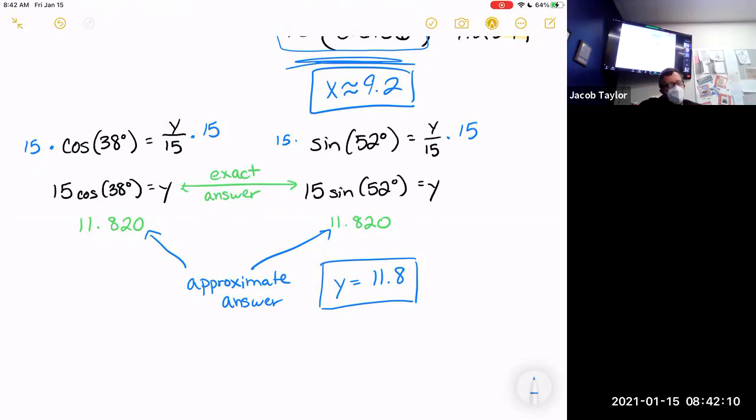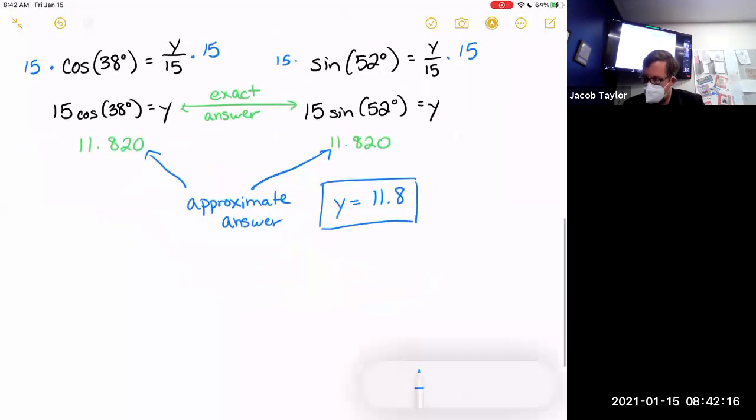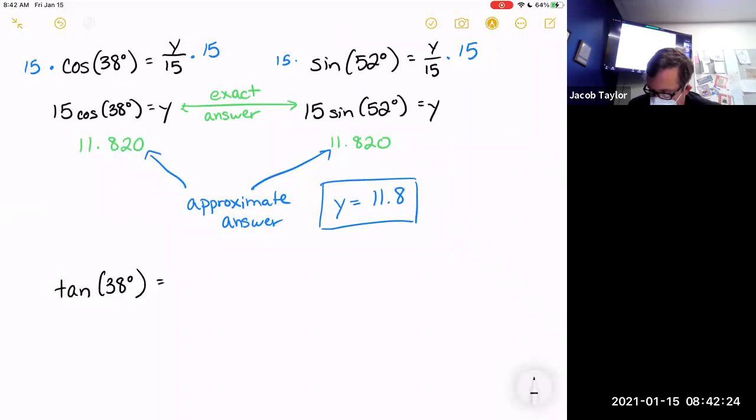Now I said we were doing cosine so that the algebra wouldn't get weird. Let me show you why the algebra would have been weird if we'd used tangent. If I had done tangent of 38 degrees, tangent is opposite over adjacent, right?